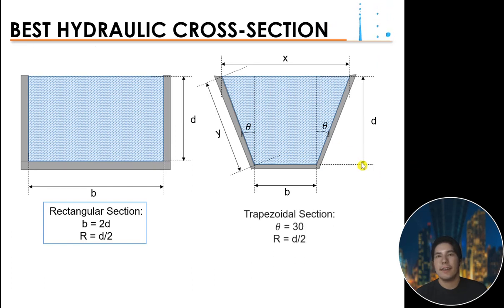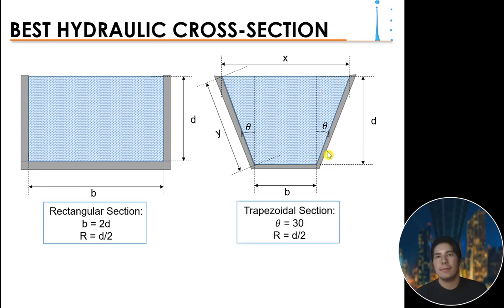So theta there is 30 degrees. If you start here, with reference to the vertical axis, theta is 30 degrees. With respect to the horizontal axis or x-axis, it is 60 degrees, or half of a hexagon. Again, the hydraulic radius is depth divided by 2.